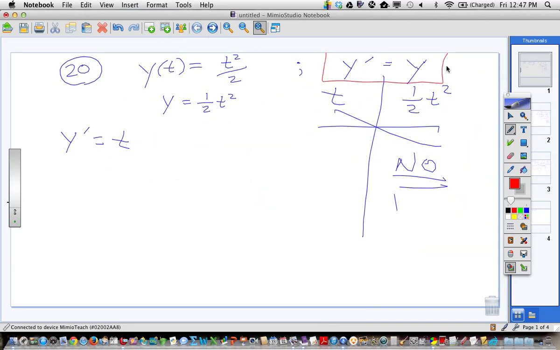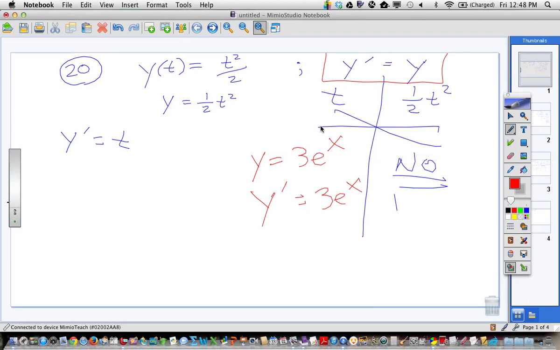What do we say about the e to the x function? It's its own derivative. So y equals y prime. Right? So it makes sense. But now, it's not just e to the x. What if y was 3 e to the x? What's y prime? 3 e to the x, right? So you could have a number out in front of e to the x.